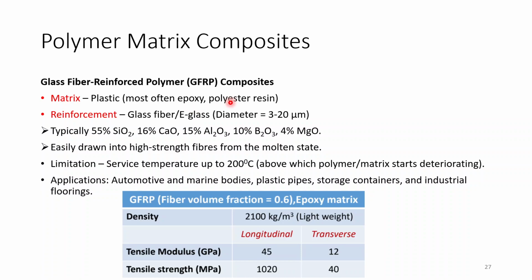And the reinforcement is glass fiber or E-glass, having diameter 3 to 20 micrometer, and typically 55% silica, 16% calcium oxide, 15% alumina, 10% beryllia and 4% magnesia. These are added as glass, and it is easily drawn into high strength fibers from the molten state.